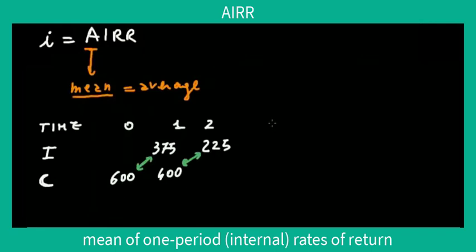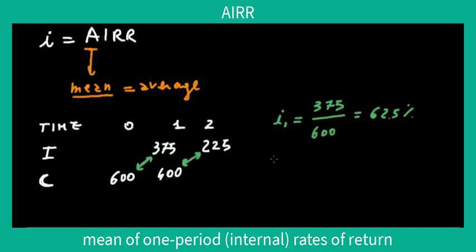In the first period, the project generates a rate of return, let's call it I of 1, equal to the ratio of 375 to $600, return divided by capital. And this is equal to 62.5%.